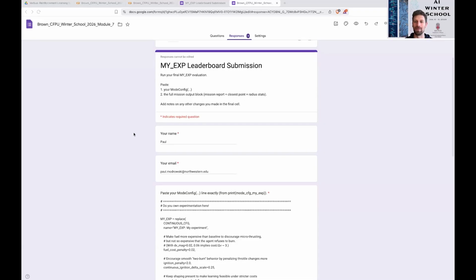The observations you let the agent make and the actions you let the agent make would need to be more complex, obviously. So there are more degrees of freedom, so to speak, in terms of what the agent would need to be able to do. Maybe you have directional burns, for example, among other things.